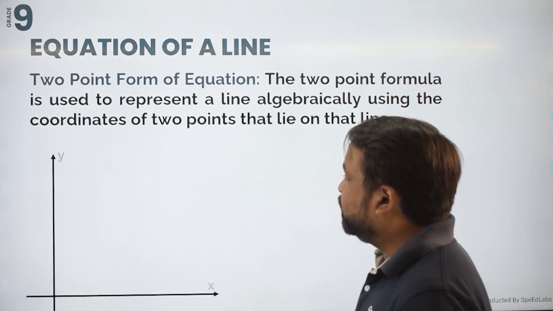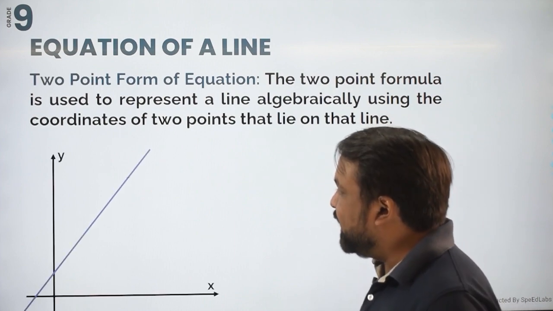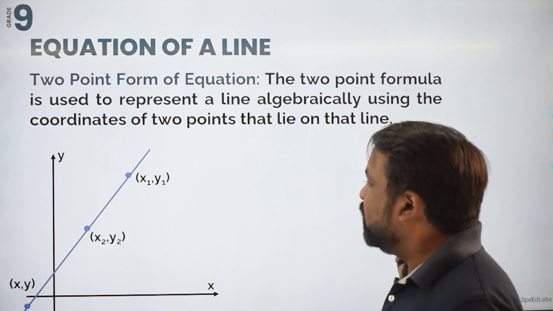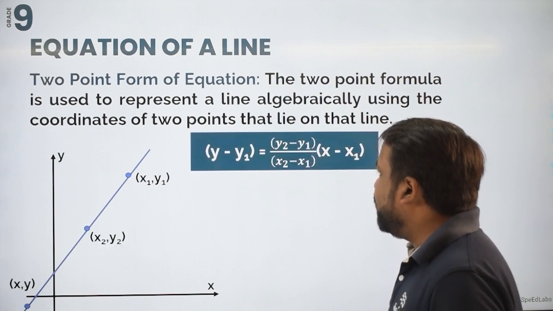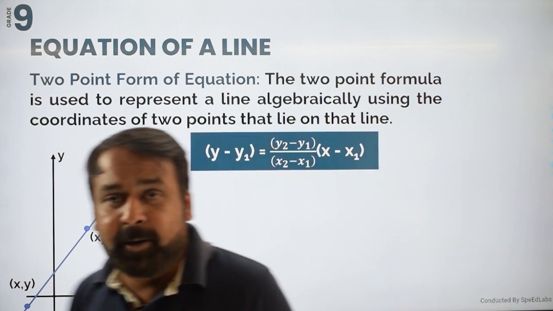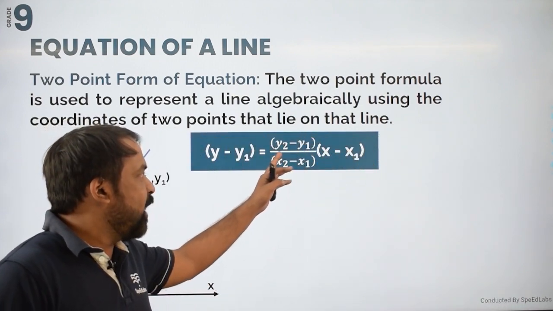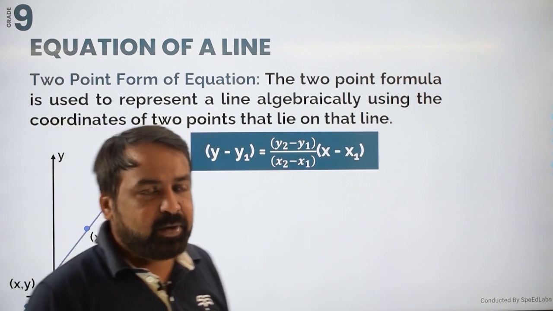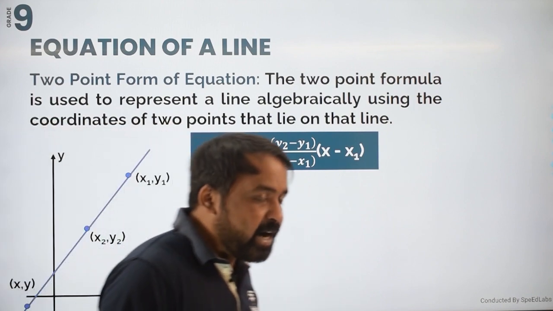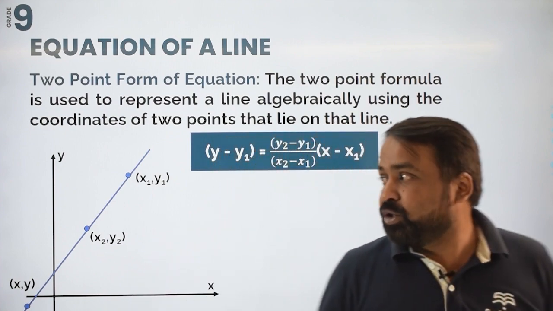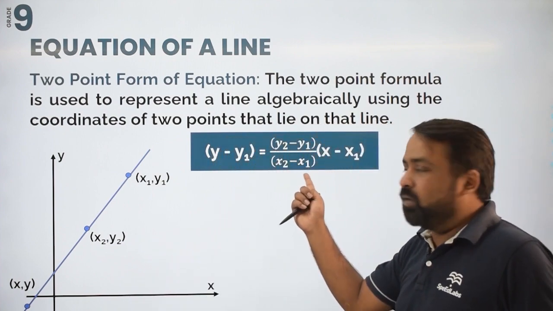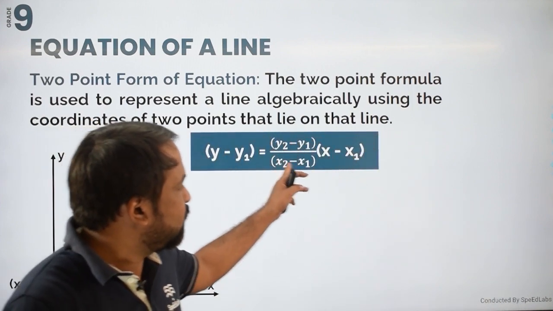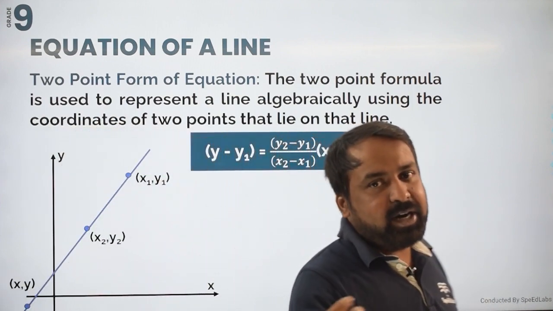So here we can see that if a line is there and 2 points are given to us, x1 y1 and x2 y2, we can directly find the equation: y minus y1 equals y2 minus y1 upon x2 minus x1 multiplied by x minus x1. x1 y1 and x2 y2 are the two coordinates given to you, so you can directly find the equation of the line by putting the values of x1 y1 and x2 y2 in this equation, and then if you simplify it you will get the equation of the line.